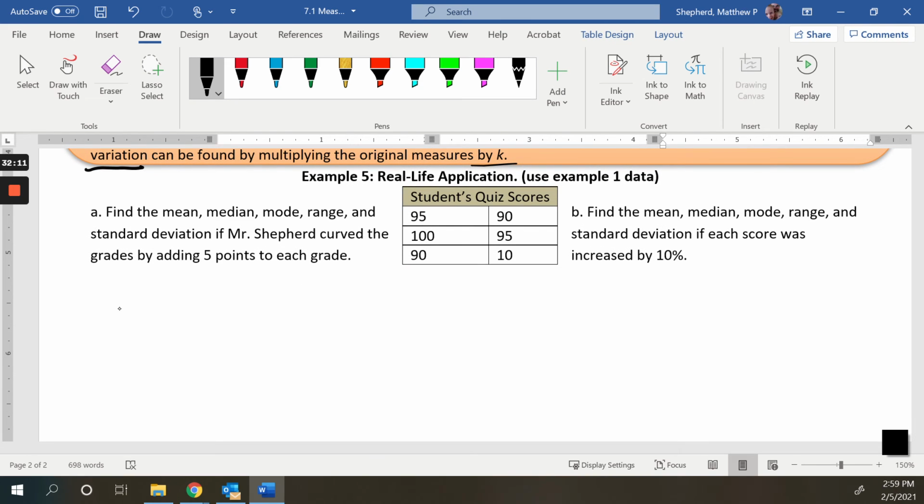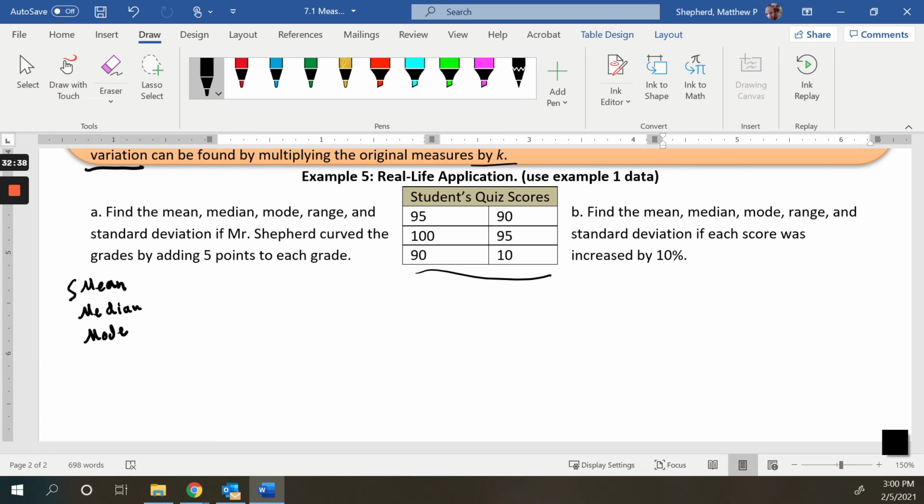So we've got this. Notice these are the same test scores that we had above. We have already calculated these. So we are going to find the mean, median, mode, and range and standard deviation if I curved the grades by adding 5 points to everybody's grades. So we want to know mean, median, mode.